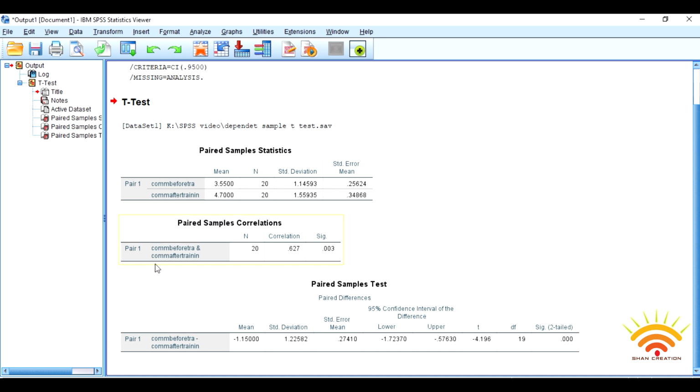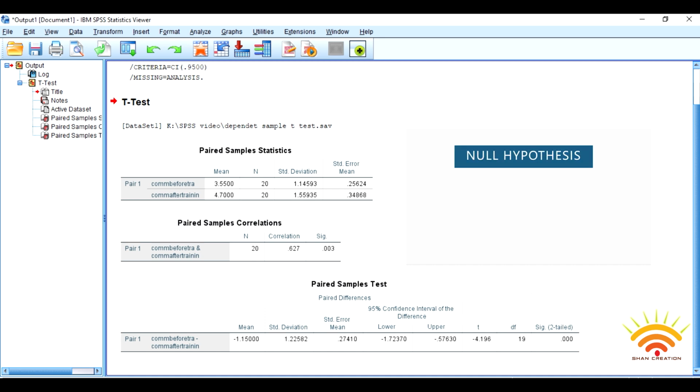Before interpreting the answers, you have to write the hypotheses for the dependent sample t-test. Here the objective of the research is to identify whether there is any difference in commitment between time 1 and time 2, that is, before training and after training.